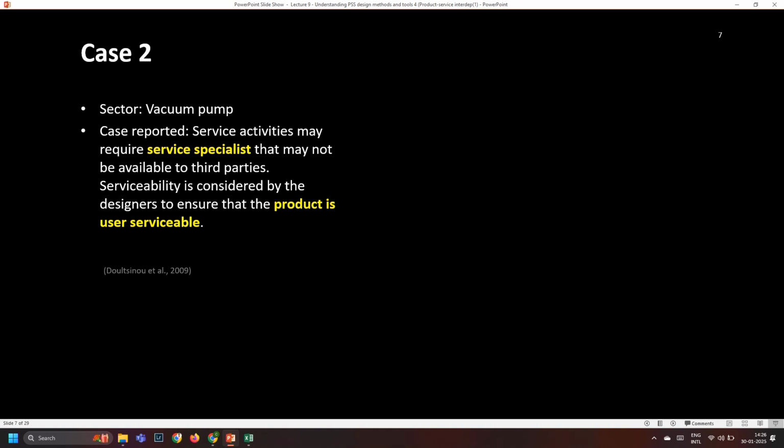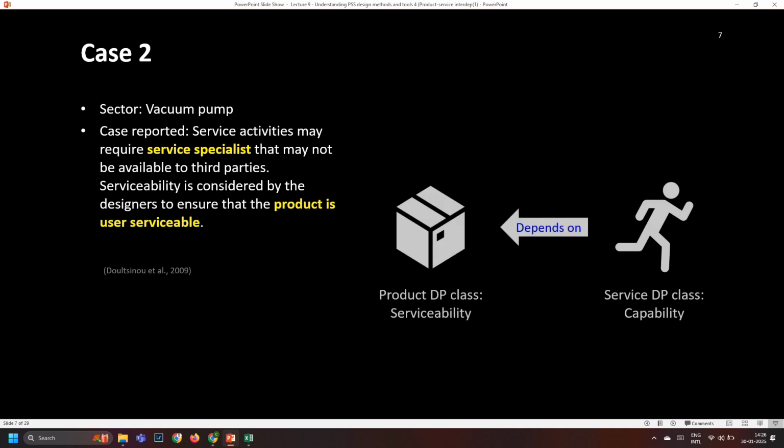So another case, pump. In this case, it's interesting that specific services, in some cases, require specialists, not ordinary staff, but service specialists.